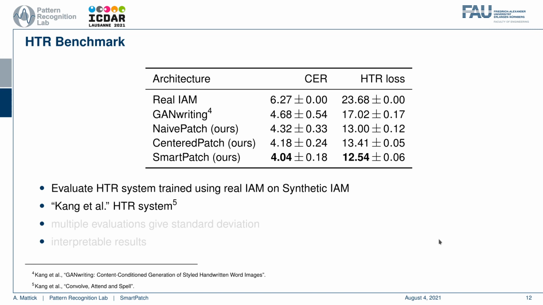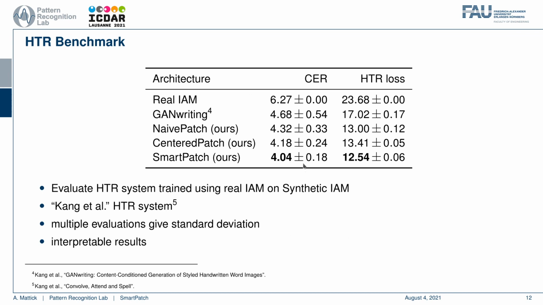So if GANwriting introduces some kind of bias using the model selection, we now don't have that in our HDR. We have multiple evaluations for the standard deviation, so we generate multiple synthetic EMs, and we have the advantage of having interpretable results. So a CER of 4 means exactly 4% of the characters are either missing or wrong or swapped around.